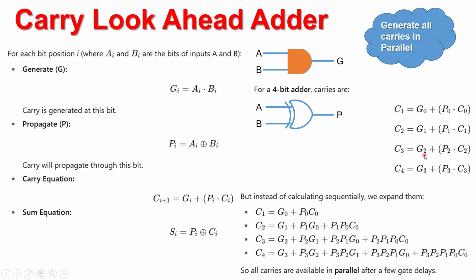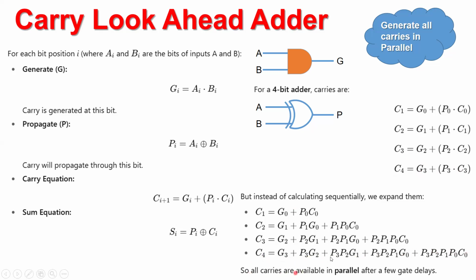Similarly, C3 is G2 plus P2 C2, so put in the value of C2 here. After expansion, you have C3 equal to this logic. Then C4 is this one; put the value of C3 from here, and after expansion you get C4 equal to G3 plus P3 G2 plus so on and so forth.